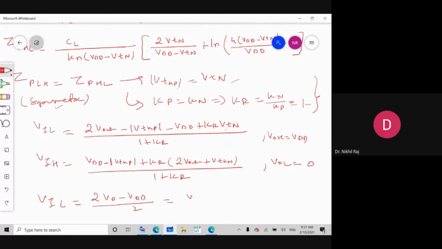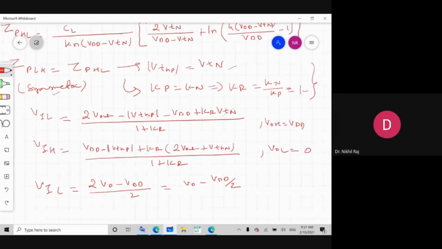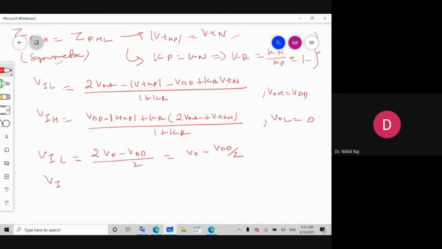So we can write V naught minus VDD by 2. And what will be my VIH? It will be VDD minus VTH of P, Kr is 1 and this VTN will cancel out, so we will be left with plus 2V out.